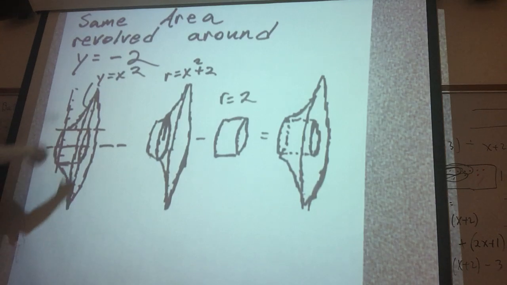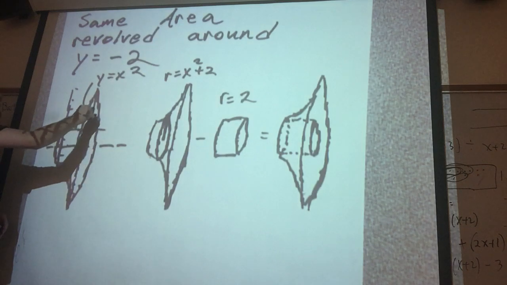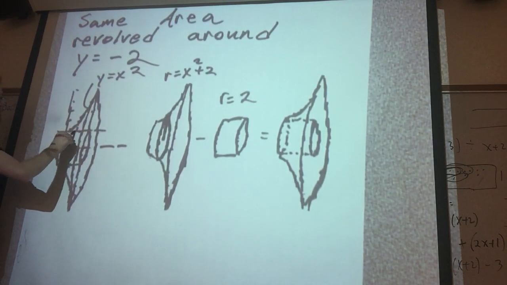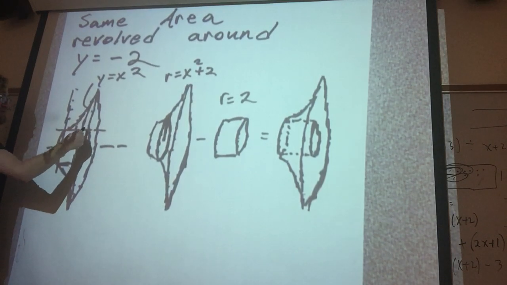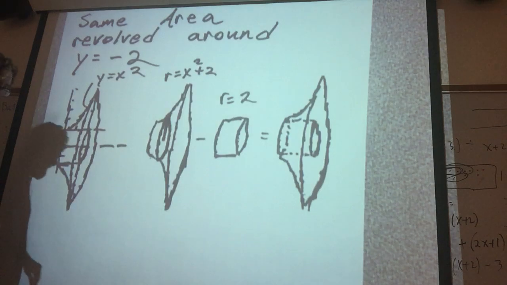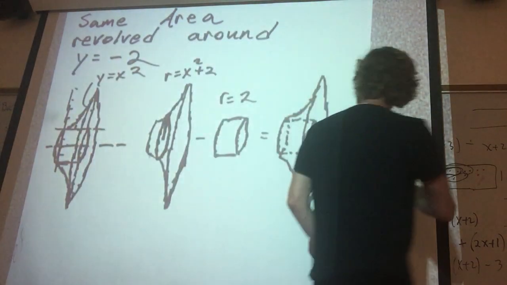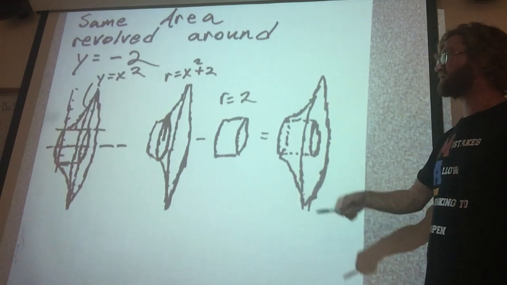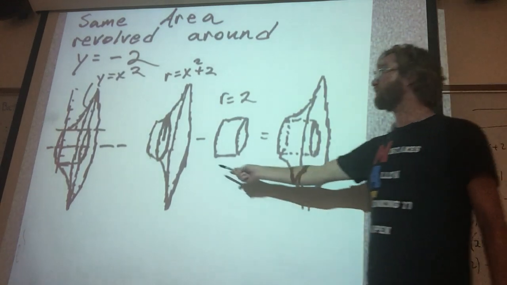It's just being revolved around that line. And so this region right here, the region that's bounded by y equals x squared, the x-axis, and x equals 2, when that gets revolved around, just that area, then we actually end up with this shape, okay? But if I just take the circles and push them down, it's going to create the complete volume.